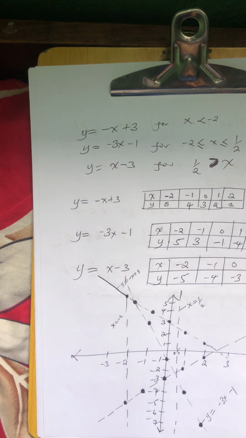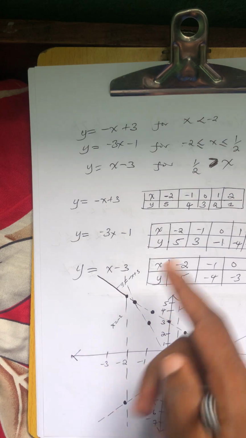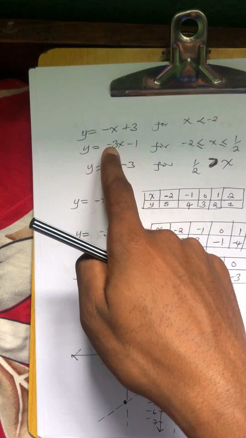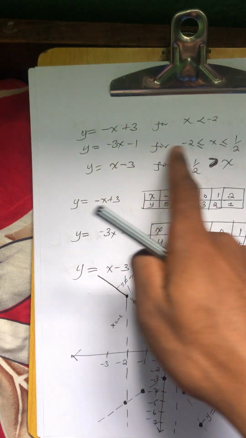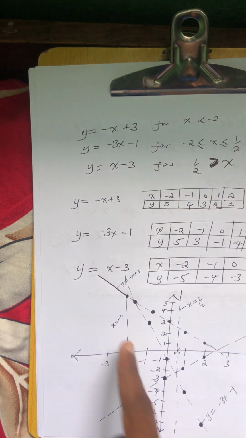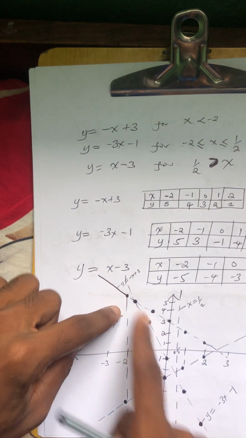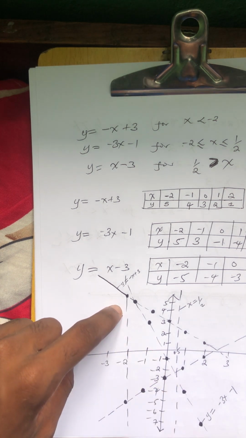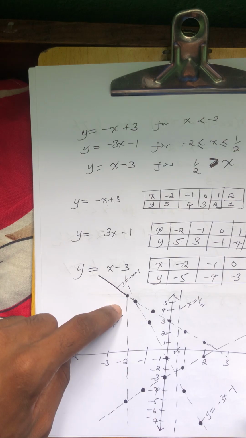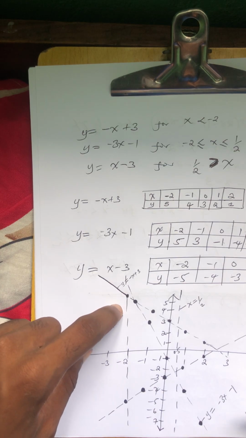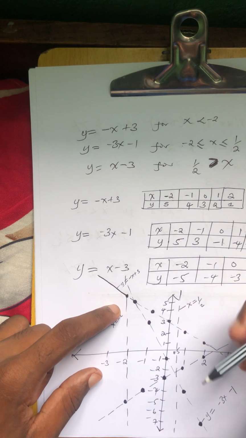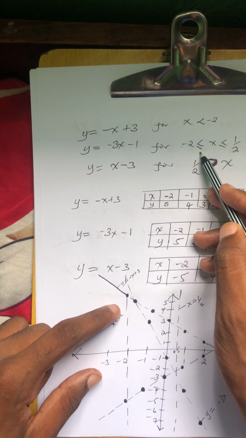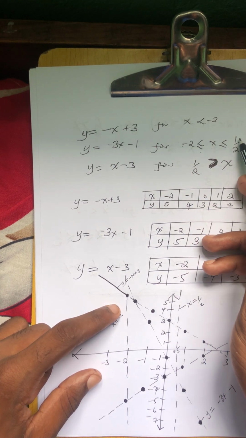Okay. Then here, for negative 3x minus 1, for this region, it was this equation, right? Okay. Then for here, we want the region where negative 2 is less than or equal to x less than or equal to half.